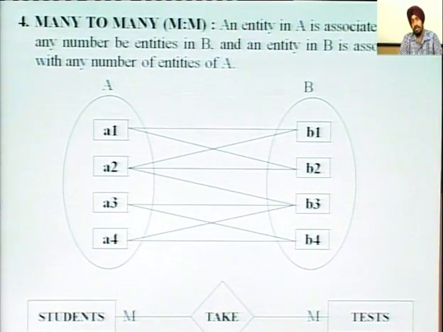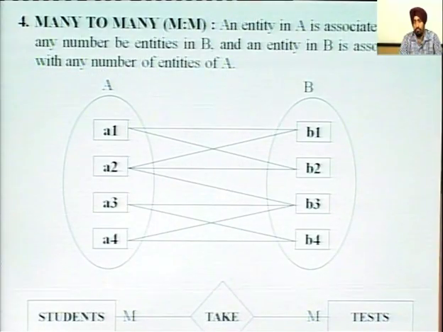And next is many to many relationship. An entity in A is associated with any number of entities in B, and an entity in B is associated with any number of entities in A. There are two blocks A and B. That means A1 is associated with B1 and B2, and A2 is associated with B1, B2 and B3.